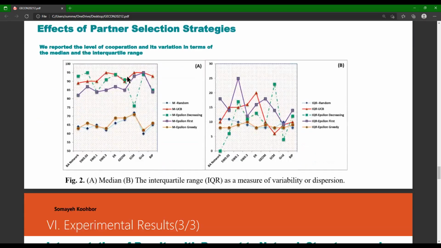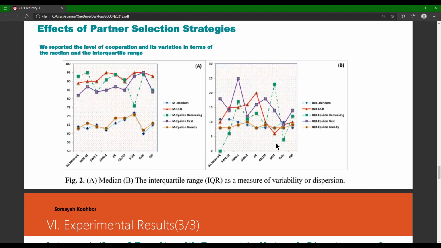So now let's look at the median value and interquartile range as a measure of variability or dispersion. For the epsilon greedy and random, you see here the percentage of cooperation does not go higher than 70%. But for UCB, we are able to achieve a mutual cooperation of 95%.